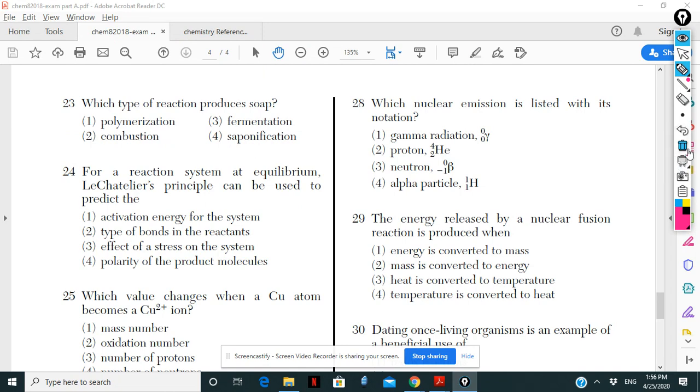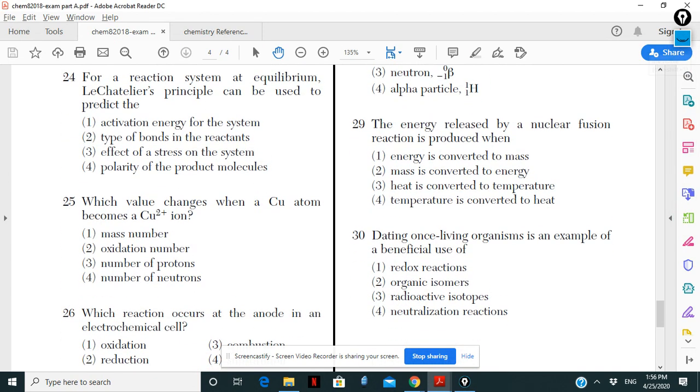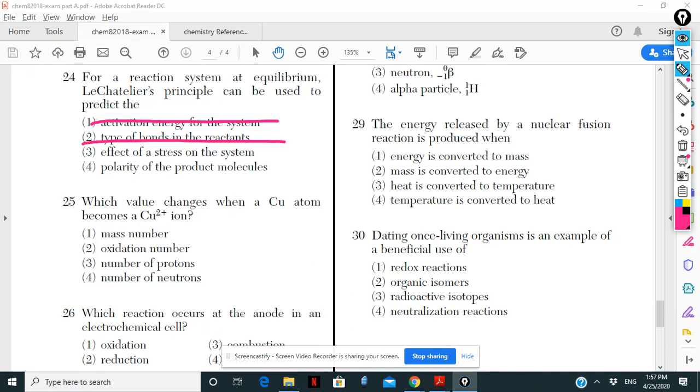Question number 24. For a reaction system at equilibrium, Le Chatelier's principle can be used to predict... Okay, Le Chatelier discussed the equilibrium. What's going to affect the equilibrium? He didn't discuss the activation energy, the type of bond, or polarity.